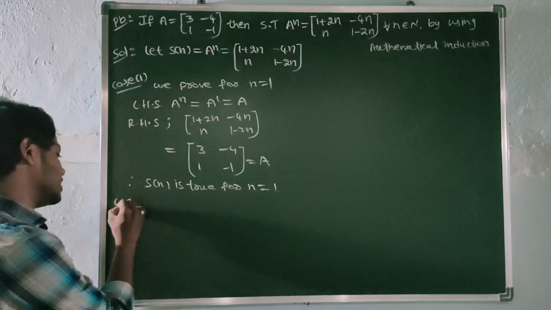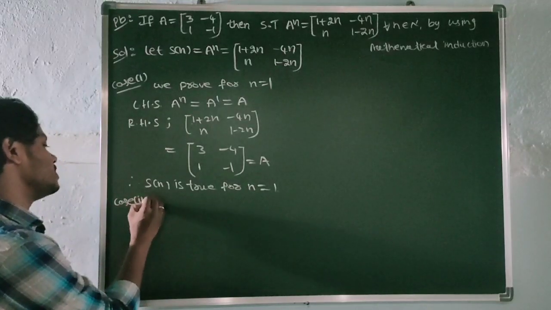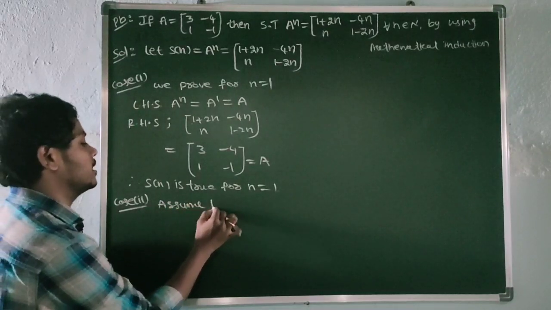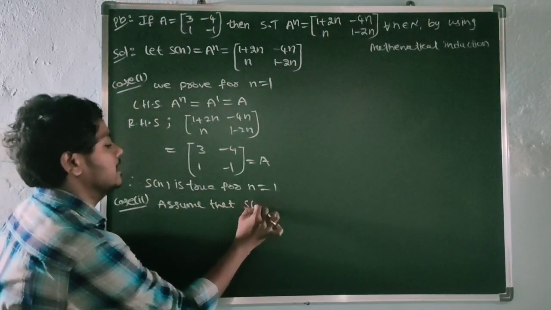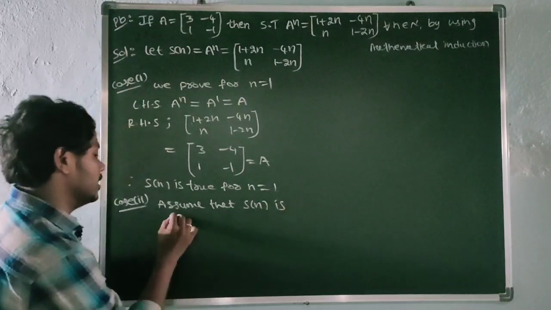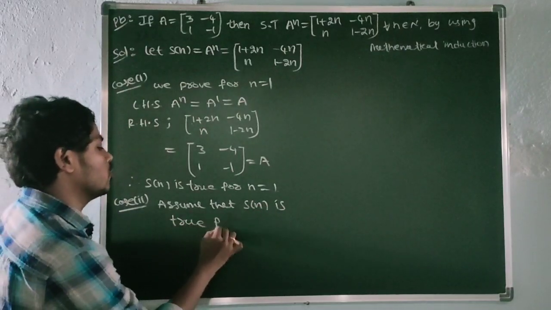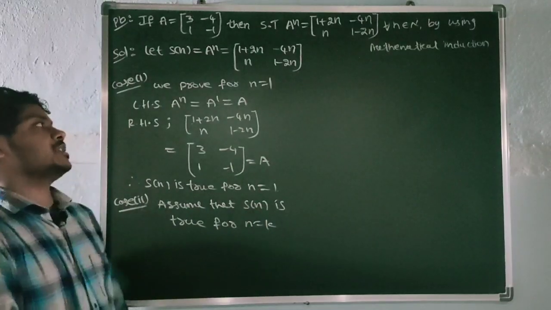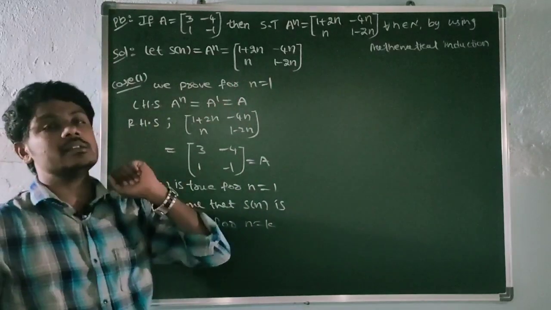Now second case. Assume that S of n is true for n equals k. So for this we have to write in place of n, k.